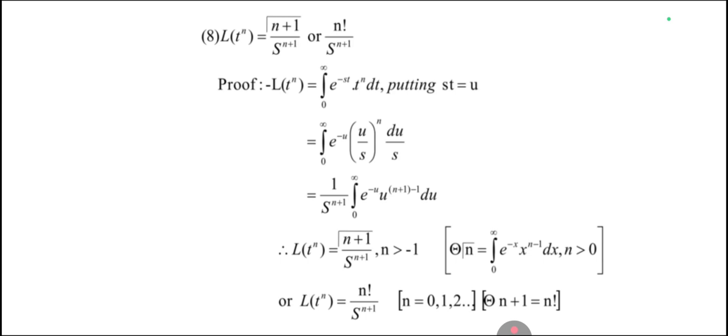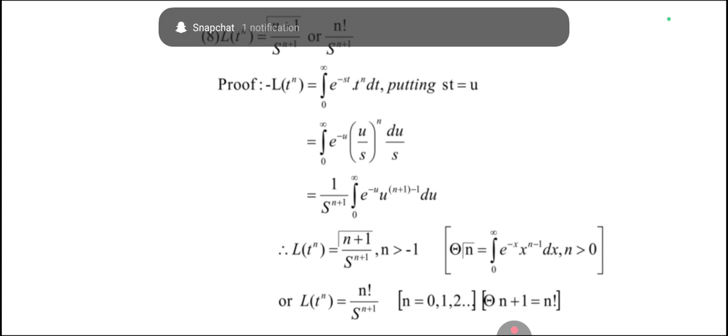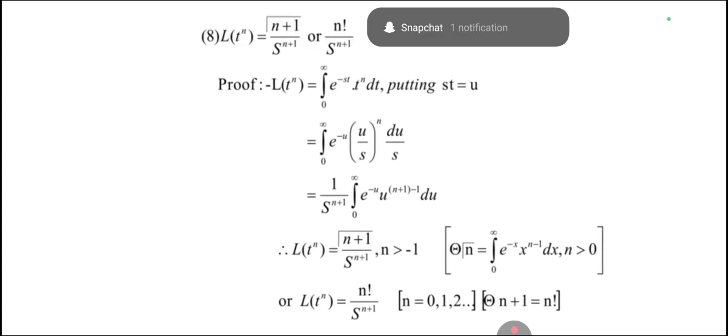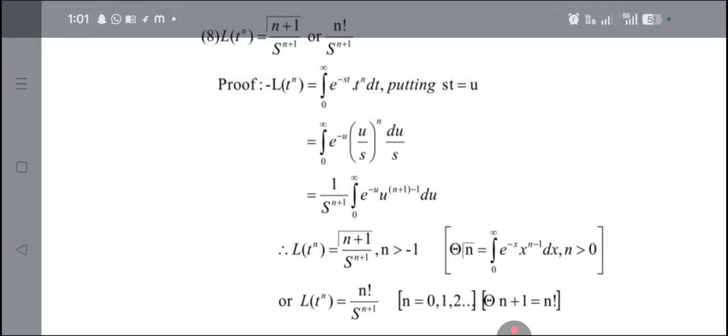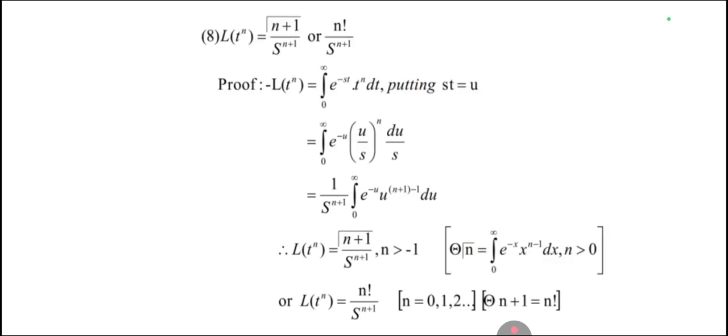L of t power n can be written as integral 0 to infinity e power minus st, t power n dt. Here we cannot integrate directly, so we use substitution. Put st equal to u. From this we can find t equal to u by s, dt equal to du by s.